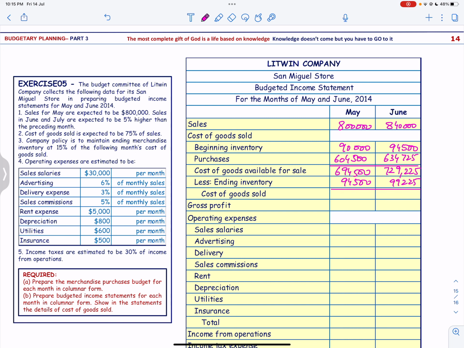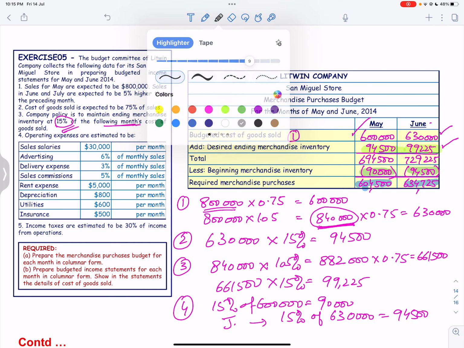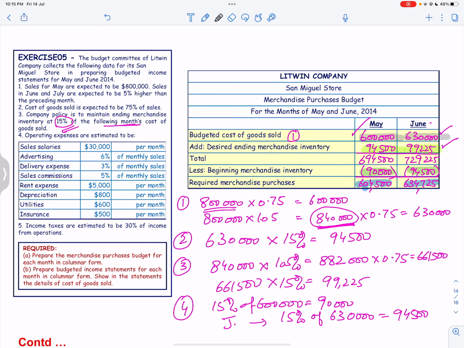So this is going to be subtracted, and the cost of goods sold will be 600,000 and 630,000, and you can verify this against what we calculated earlier.